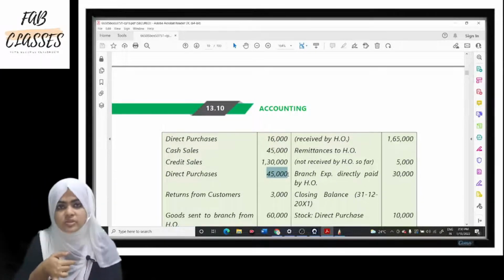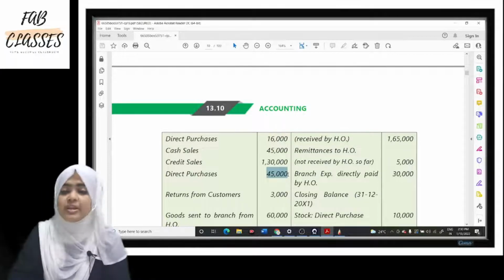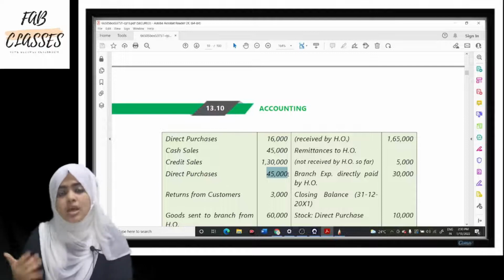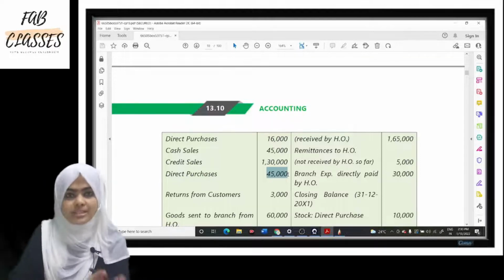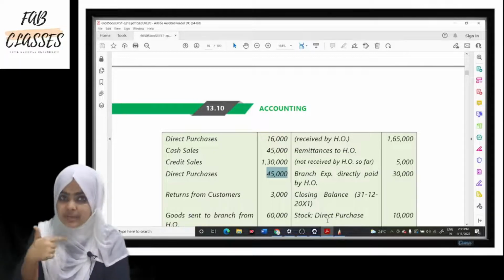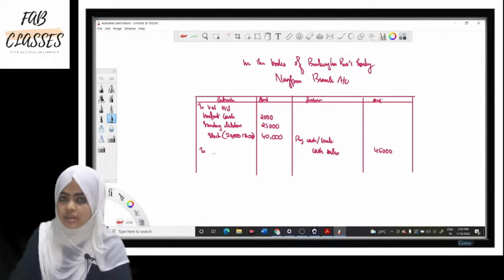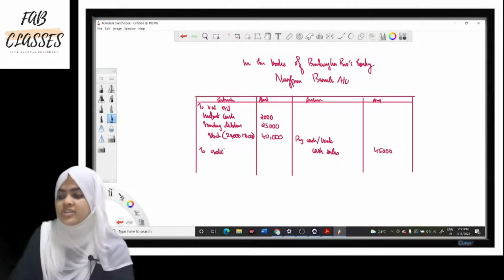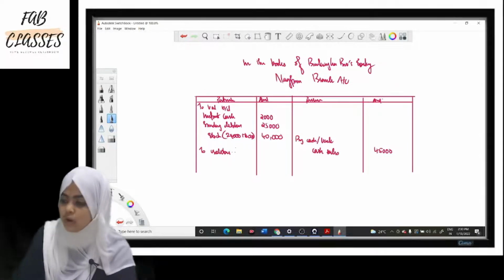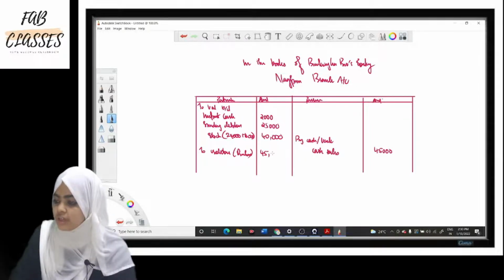So to cash or bank is also okay, or to creditors is also okay. In this specific illustration they have recorded creditors, but it's up to our assumption. So 45,000 is the payment to be made by the head office, right? So we have to record it here. Since the illustration recorded to creditors, we will also record creditors only. So purchases, how much was it?